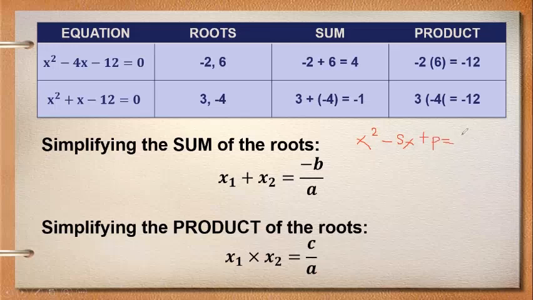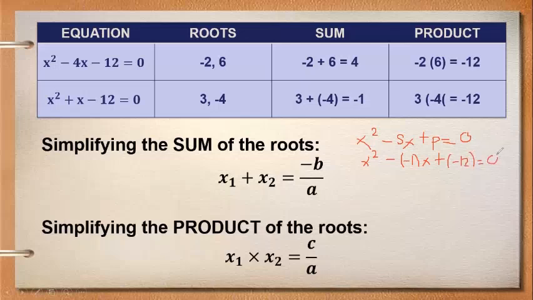Okay, so let's try number 2 this time. We have x squared minus sum, which is -1, so we'll have -1x, plus the product, which is -12. So that is -12 equals 0.